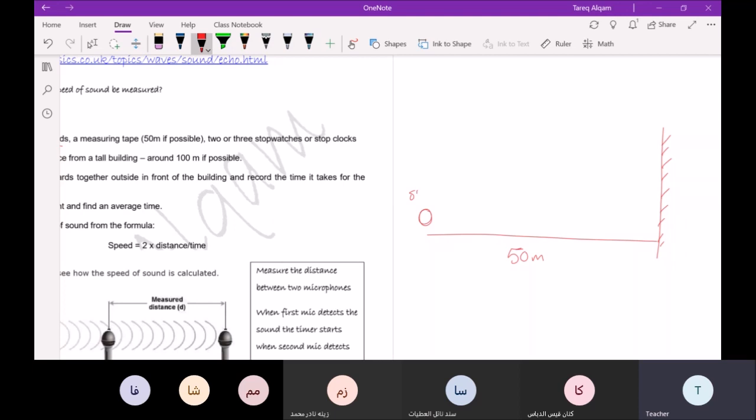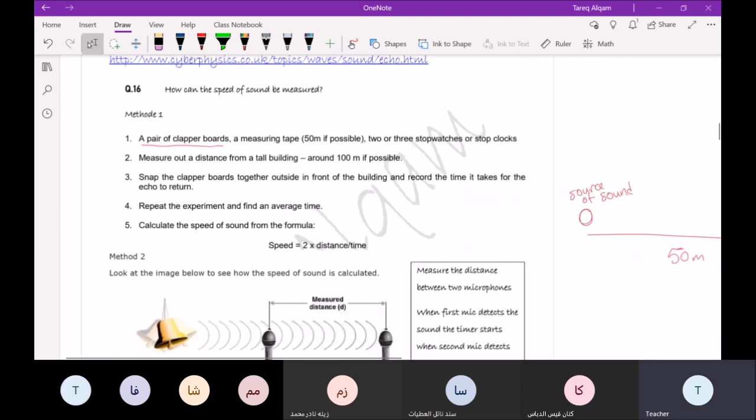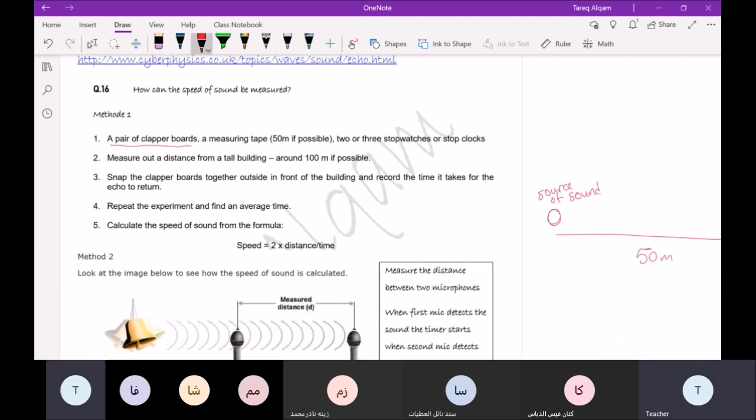This is the source of sound. Okay, it could be clappers or whatever. At the moment when the sound is produced, we start the stopwatch. When we hear the first echo, we stop the stopwatch. Okay, clear?